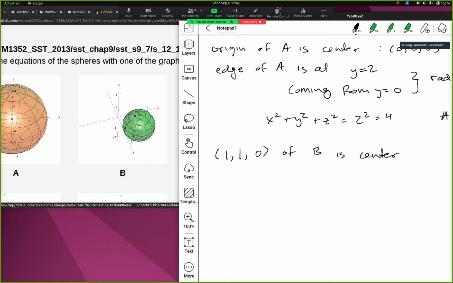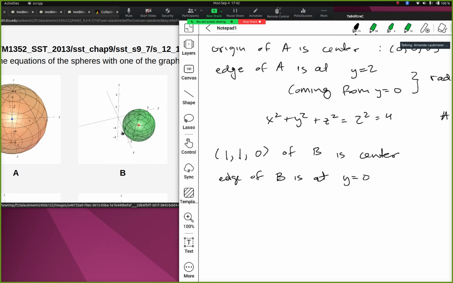And then to find the radius, I'm going to again think about it in the Y direction because that is the most similar to reading side to side on a piece of paper. So the edge of B happens right here. It touches the x-axis, so it happens at y equals 0. The x-axis is like here's 0 and y.